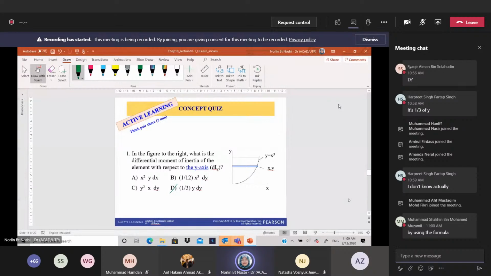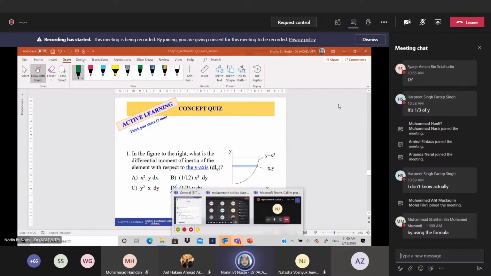By using the formula, okay. Which formula?